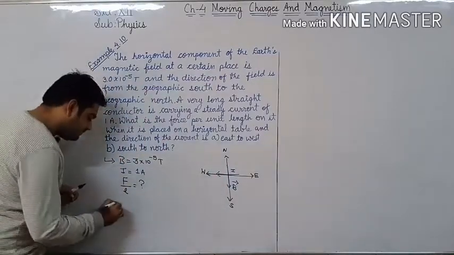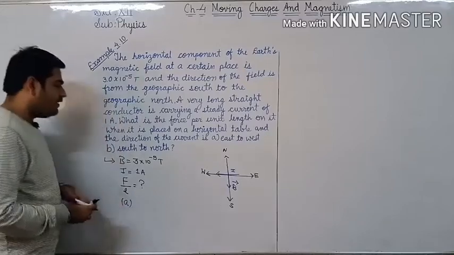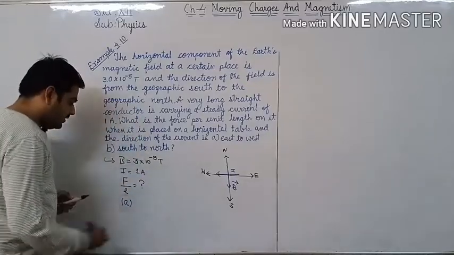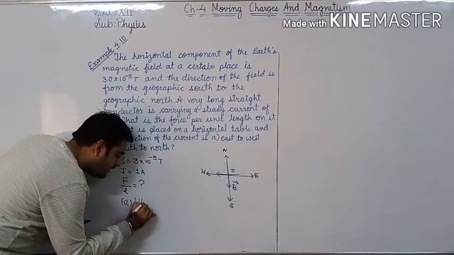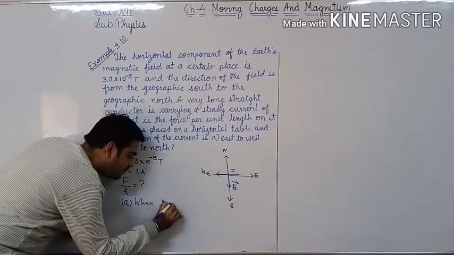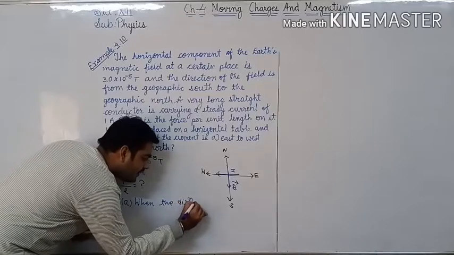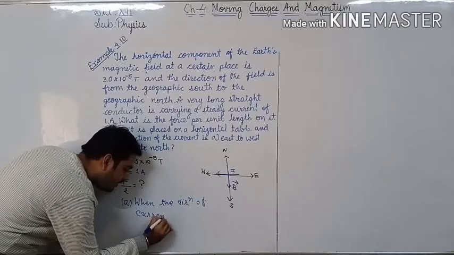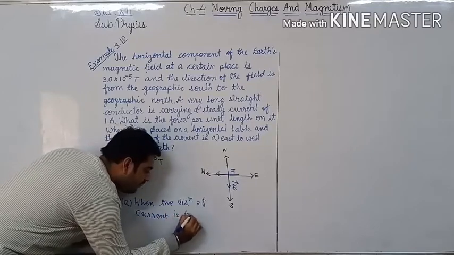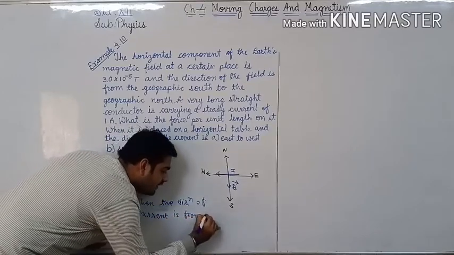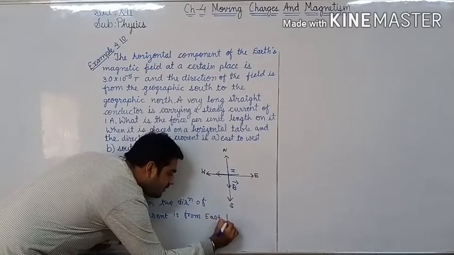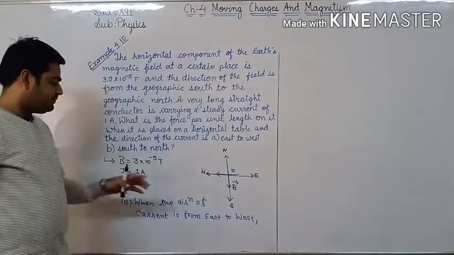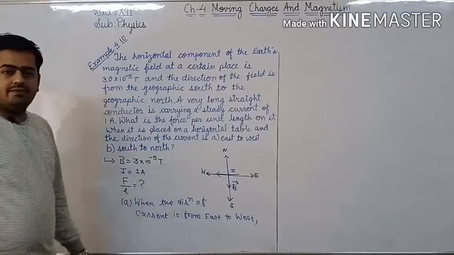At the time, we have to find force per unit length. So, when the direction of current is from east to west, at the time, what is the force per unit length?